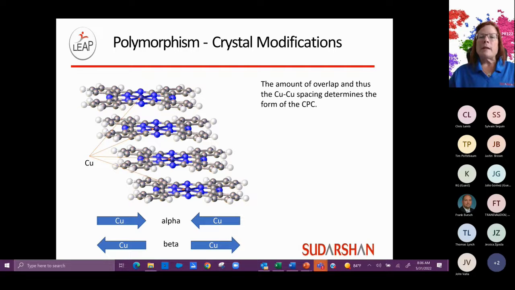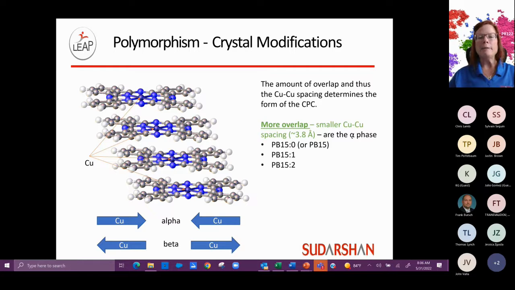The polymorphism is due to the copper-copper spacing. The center atom in the middle of this matrix is the copper atom, and depending on how close they are to each other defines what modification it is.